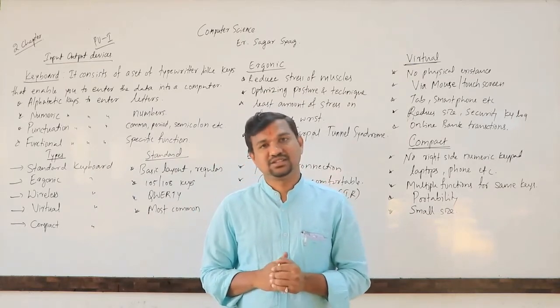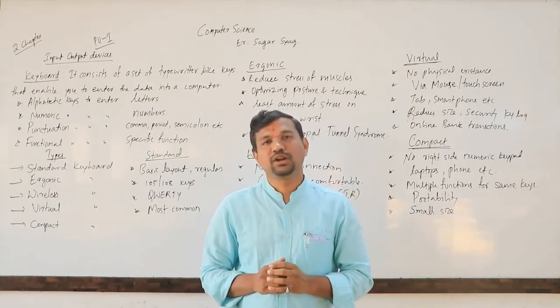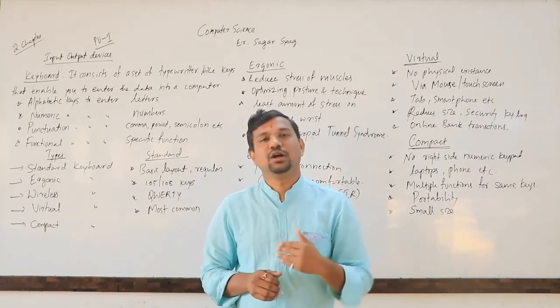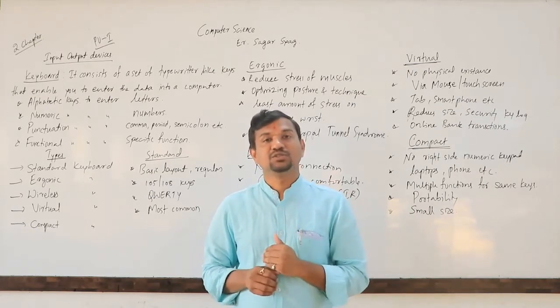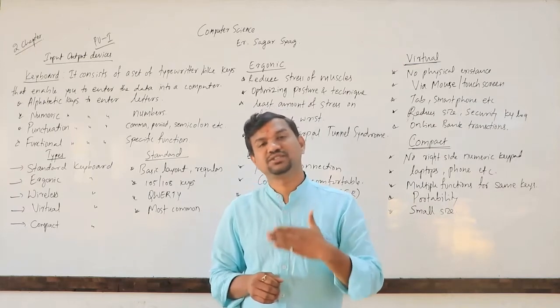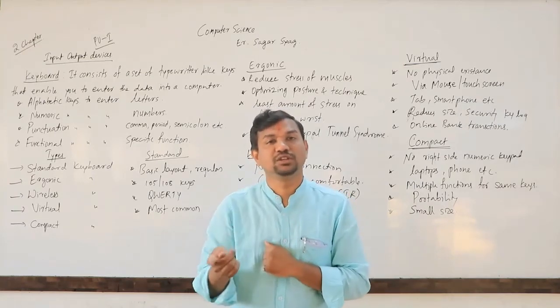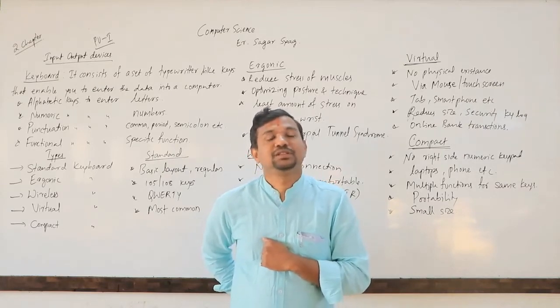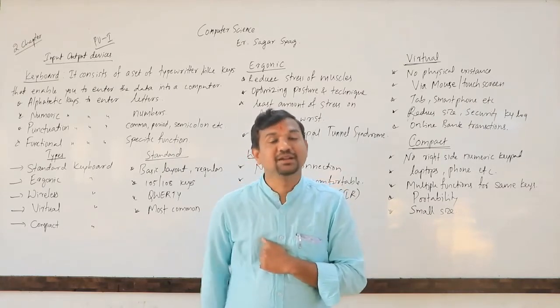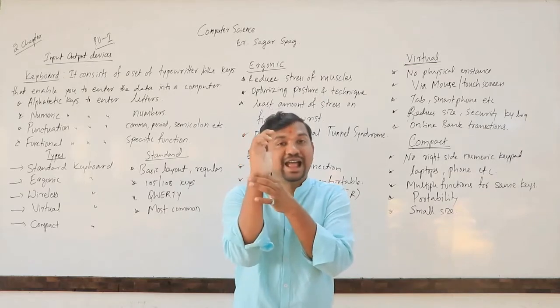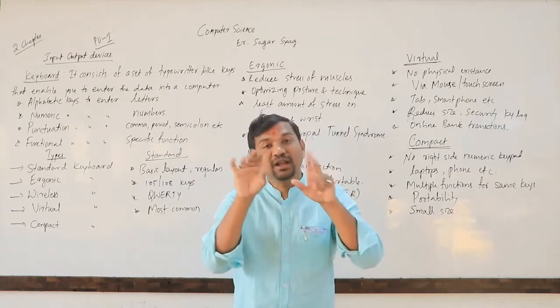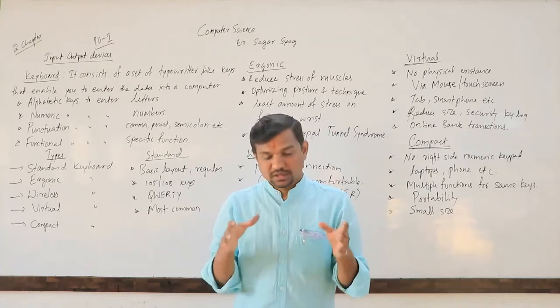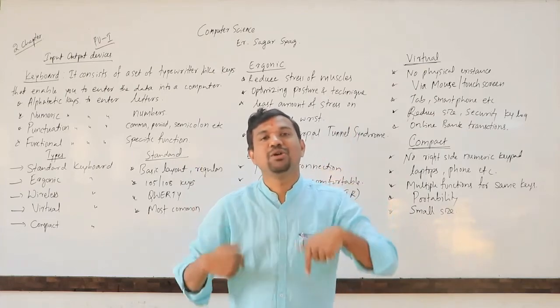In IT industries, the persons who are working from morning 9 to evening 7, 8, continuously 10 hours, 12 hours, they are working on the keyboards. That causes back pain, hand pain, wrist pain, finger pains. So there is an effect on the human body.